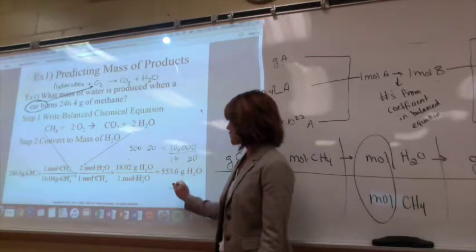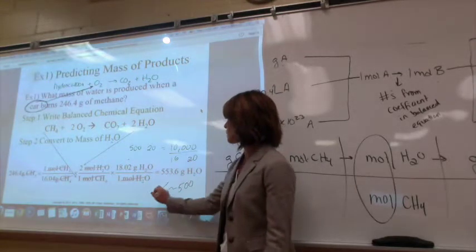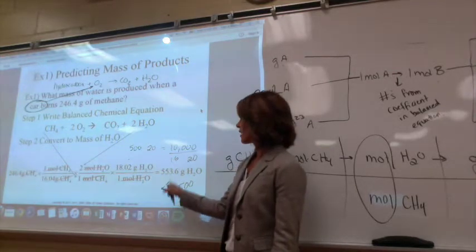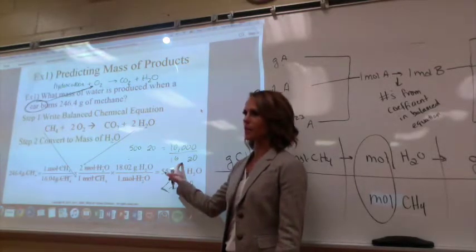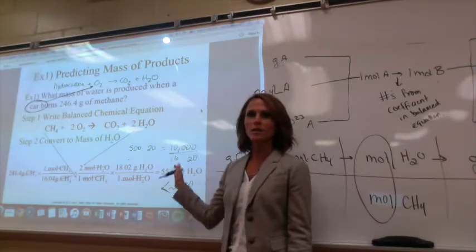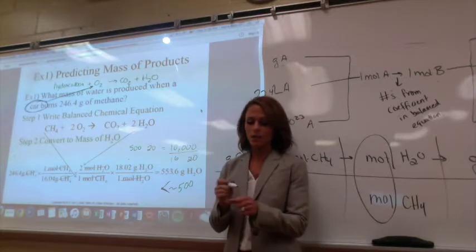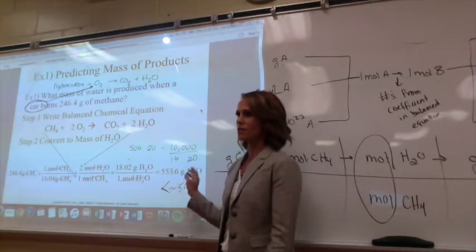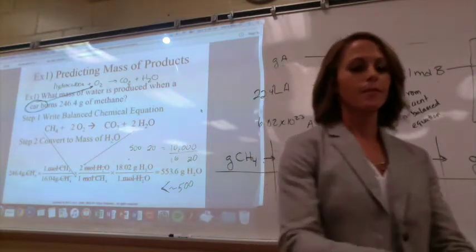So my answer I got was approximately 500, but I knew that it should be much greater than 500 because I rounded so high up in my denominator. Now, if you had to be more careful, then of course you would do more math with the 16, and you would spend more time. But I think just ballparking it, that should take quick seconds to do that kind of math, okay?